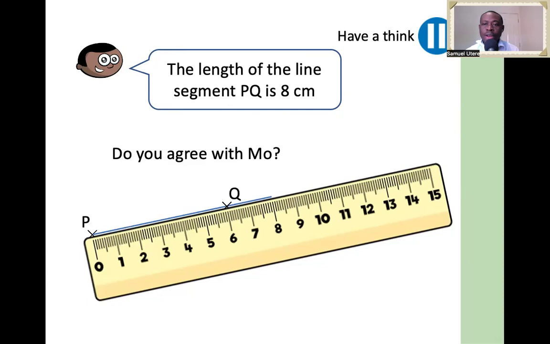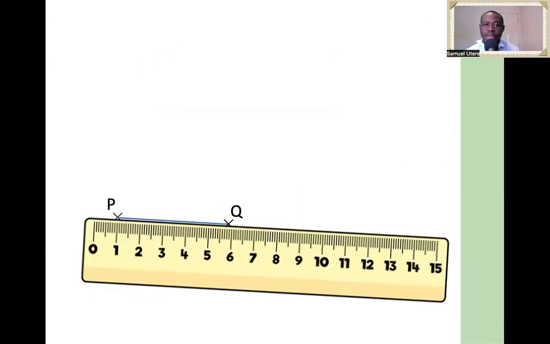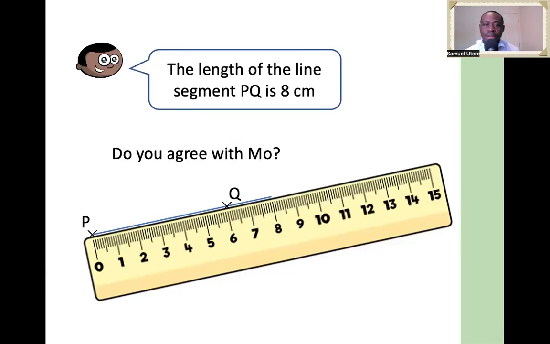So remember, our line segments should have a finite length. So we cannot measure beyond where we have been asked to measure. In this case, we have been asked to measure from P to Q. So actually, 8 is not right. So the correct length is, I think, 6 centimeter.